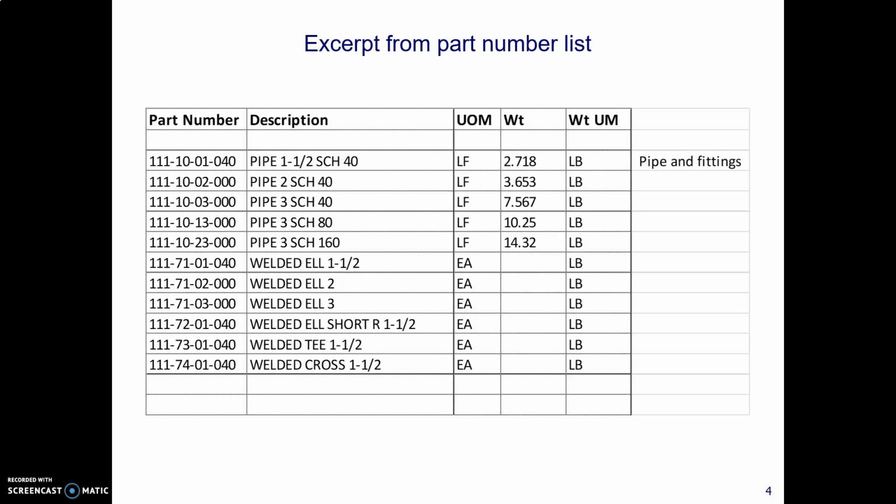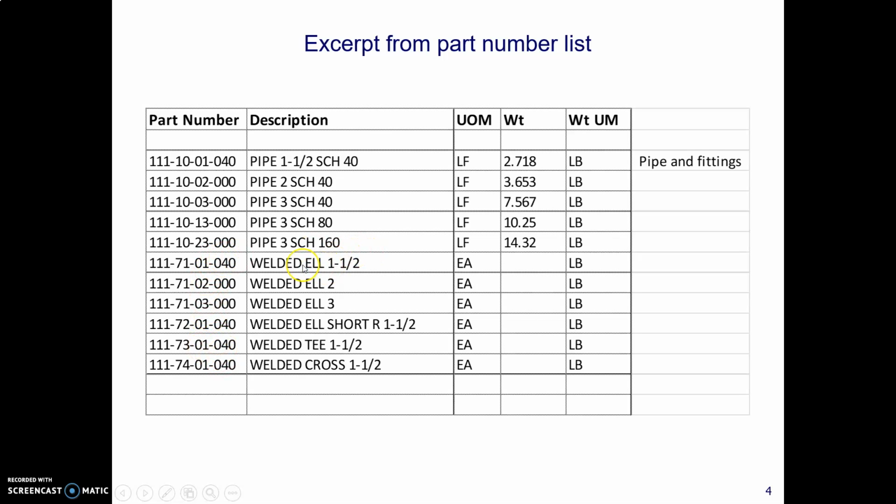Here's a close-up of the section that you'll need for your pipe handrails. Here are part numbers for various sizes of pipe. Three of them are standard Schedule 40. Then there's a big Schedule 80 and a big Schedule 160. Here are part numbers for several pipe fittings.